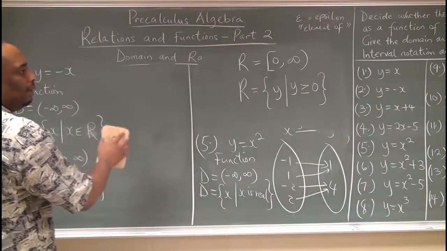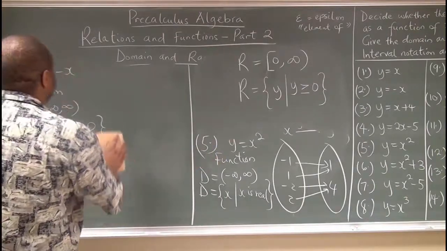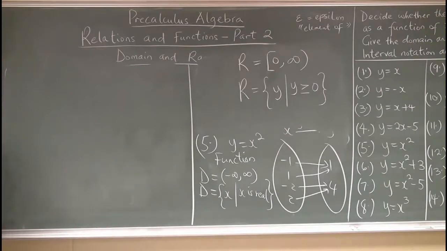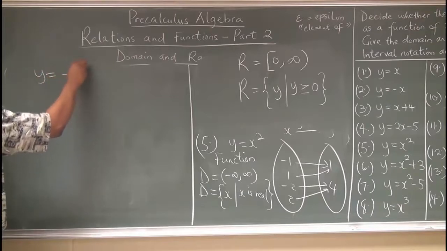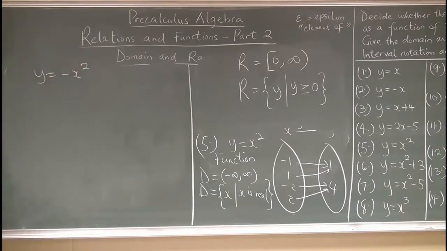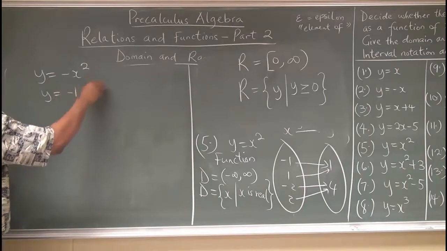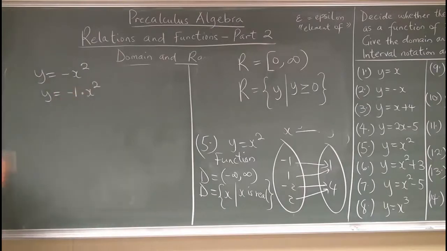Now, before we do question 6, let's do another type here. What if we have y equal to negative x squared? Now, listen and listen well. This means negative 1 times x squared. That is what it means.